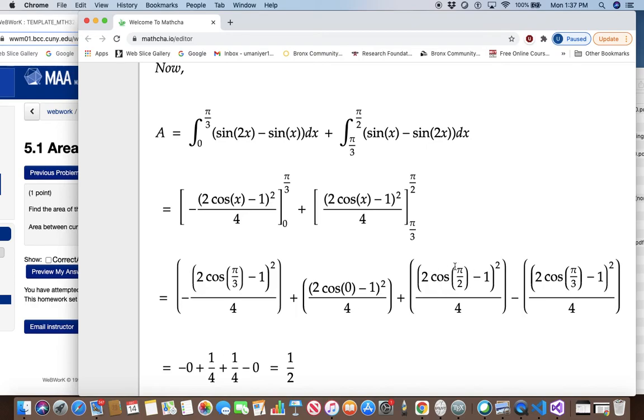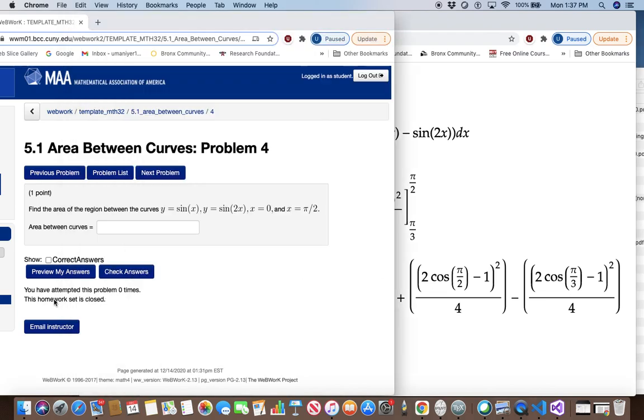Here again, cosine of pi over 2 is 0, so that gives negative 1 squared, a positive 1 over 4. The last one, cosine pi over 3 is half, 2 times half is 1, minus 1 is 0, so that gives me 0. So the overall answer is 1 by 2.